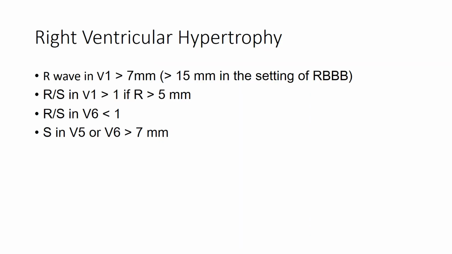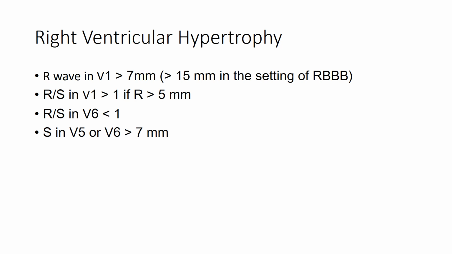Now we will discuss the criteria for right ventricular hypertrophy. RVH or right ventricular hypertrophy is diagnosed when R wave in V1 is more than 7 mm in amplitude, or if there is coexisting right bundle branch block, then R wave with amplitude more than 15 mm will indicate right ventricular hypertrophy.